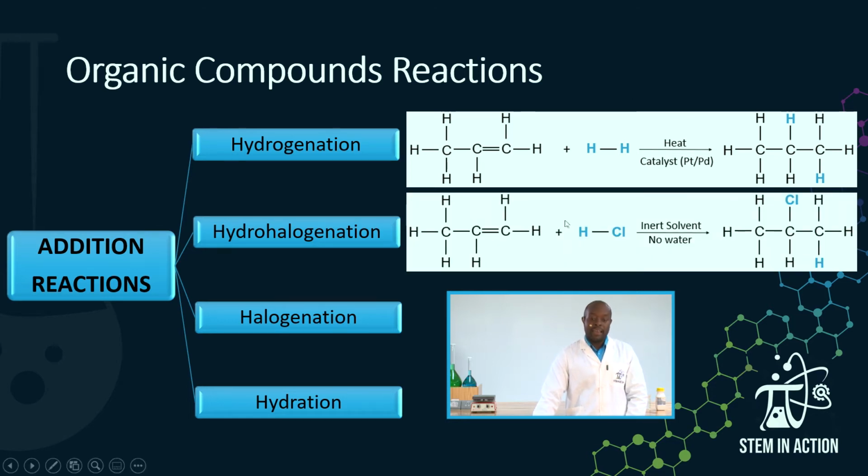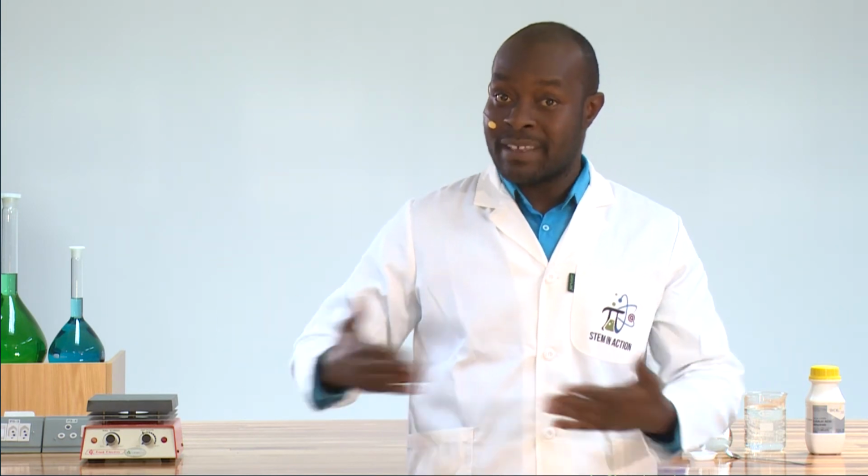Hydrohalogenation, like I said, we are adding a hydrogen that is bonded to a halogen, and the halogen can either be fluorine, chlorine, bromine, or iodine. And the reaction conditions are that the solvent must be inert. So an inert solvent is simply a solvent that is not reactive. You remember that in our periodic table, we identify the elements in group 8 as inert elements because they do not react.